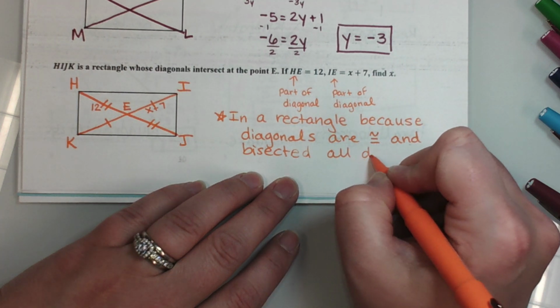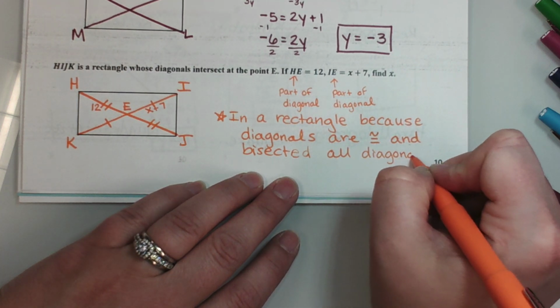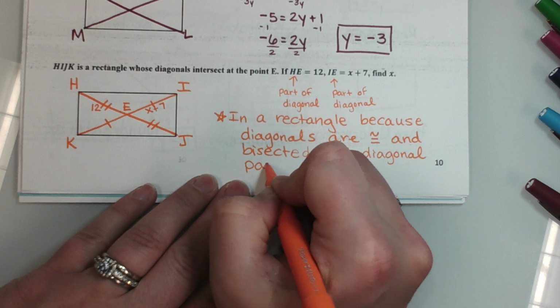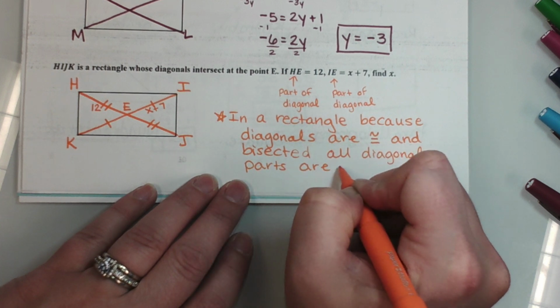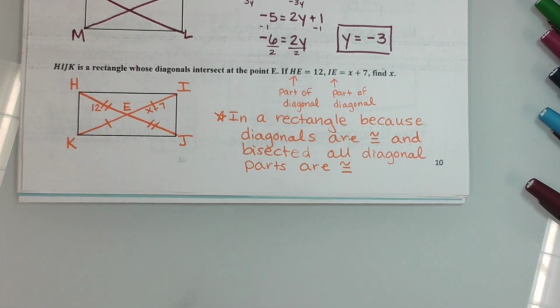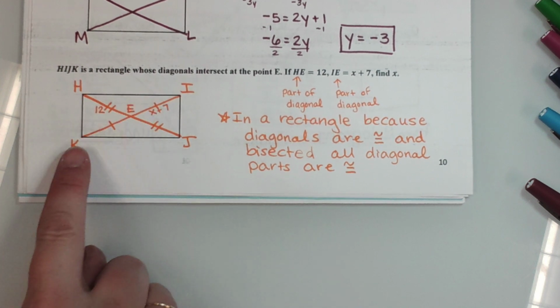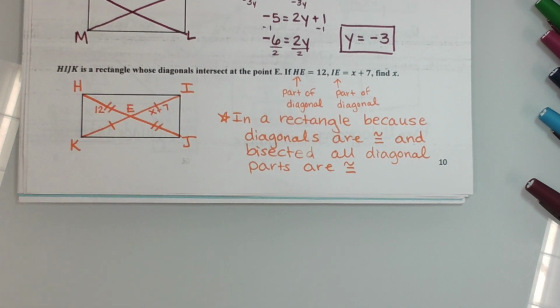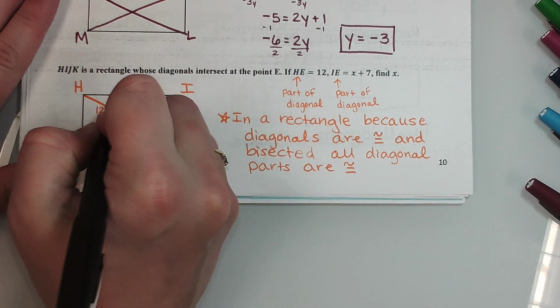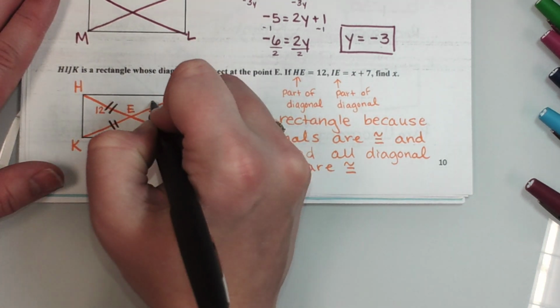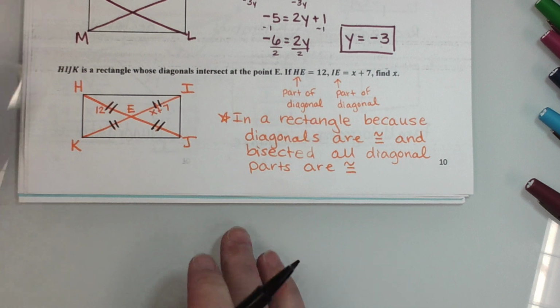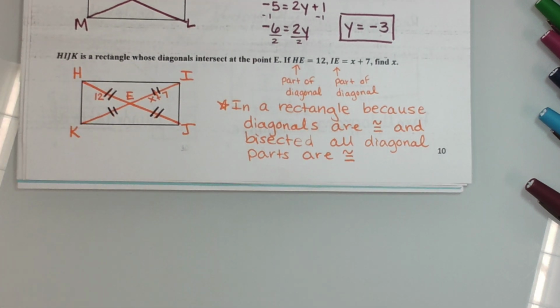All diagonal parts are congruent. Which means even though in my picture I had the different congruent marks, technically all 4 of those should have the same congruent marks. And I'm going to do double just because it's easier to change a single into a double than a double into a single.